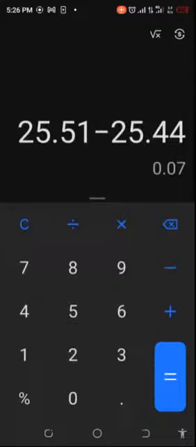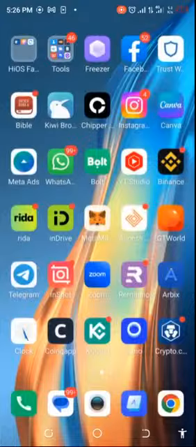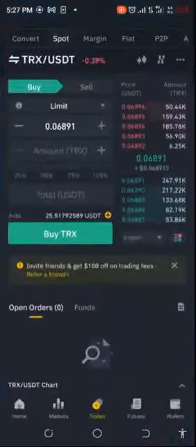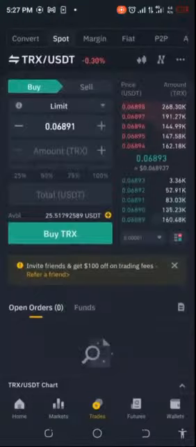Now, why is this amount a little bit on the small side? It's because I'm using a small capital and the transfer fees are the same. The transfer fees remain the same. So for instance, if I use $200, by the time I'm coming back, I will pay the same 1 TRX for $200 worth of TRX.